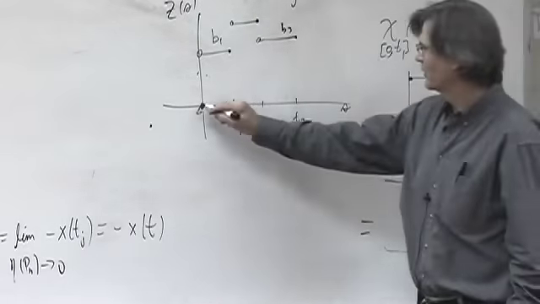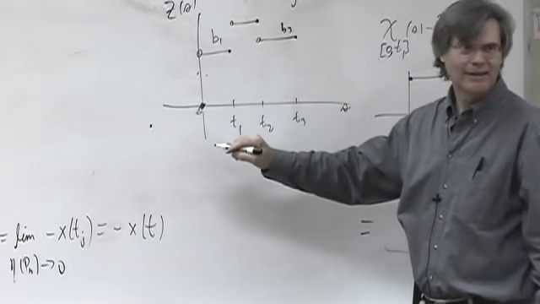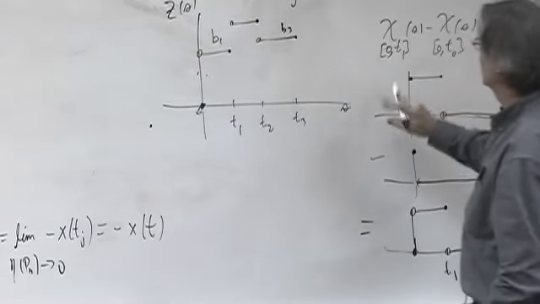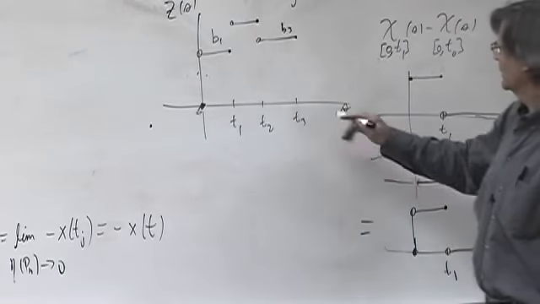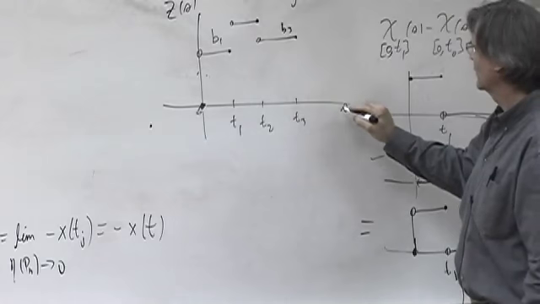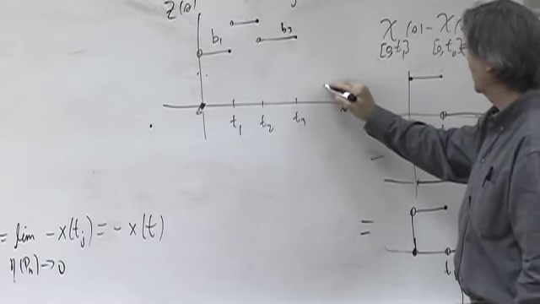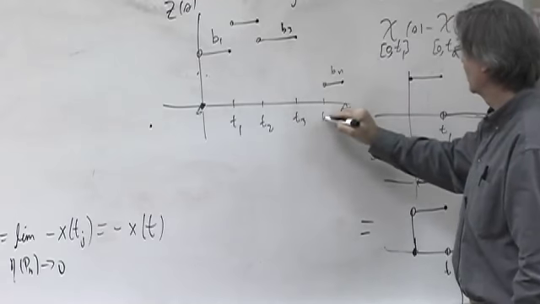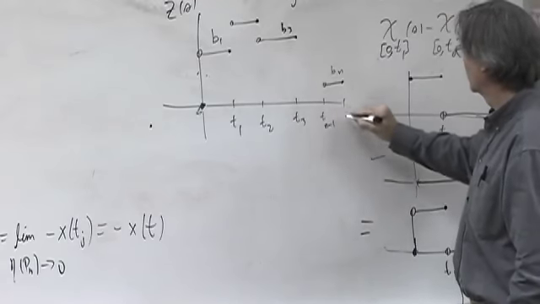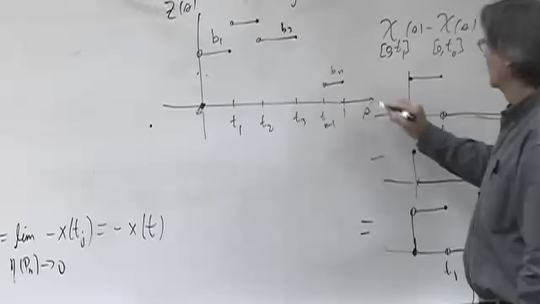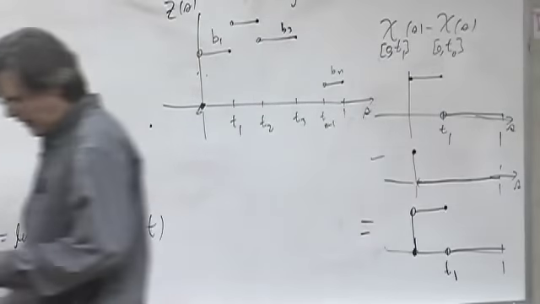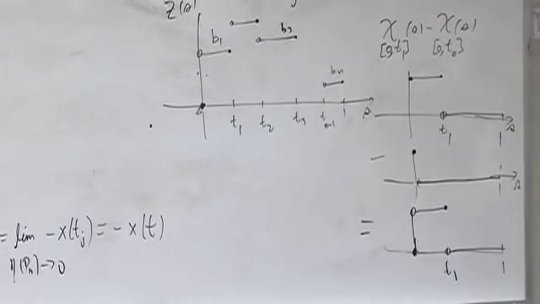The only 0 I've got in here is at 0. So if I take a linear combination of these things, and there's no overlapping, I get this business. Finally there's the last one, height b_n at 1. So that's what the thing looks like. And now we'll restate the theorem.